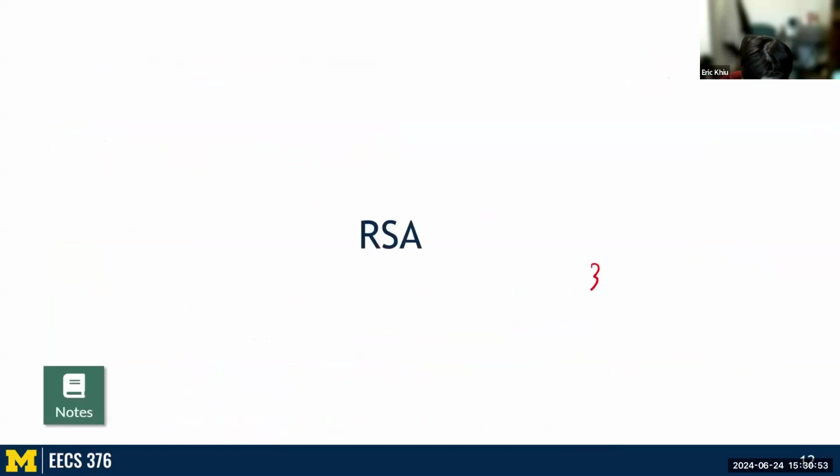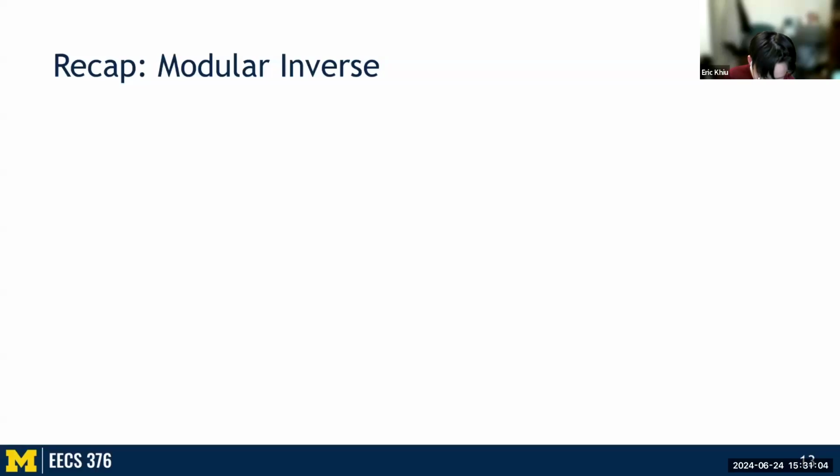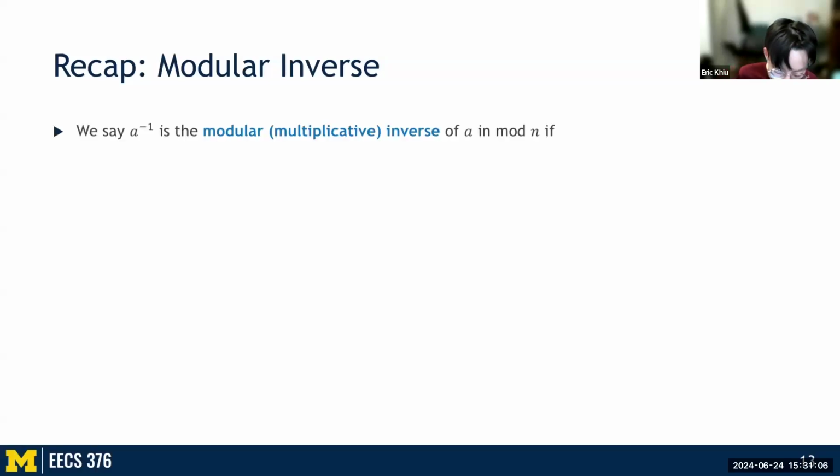So RSA, I think these are just the abbreviations of the names of a few guys who contributed to the crypto encryption system. Before we get there, let's do a quick recap on modular inverse. We say that a inverse is the multiplicative inverse of a in mod n if the product of them is equivalent to 1 in mod n.